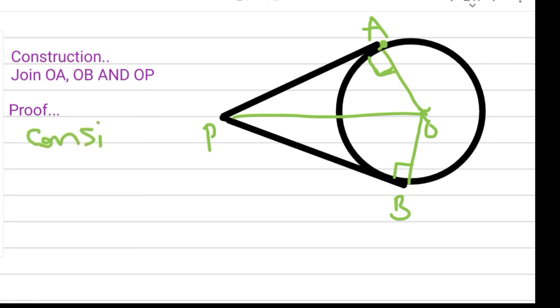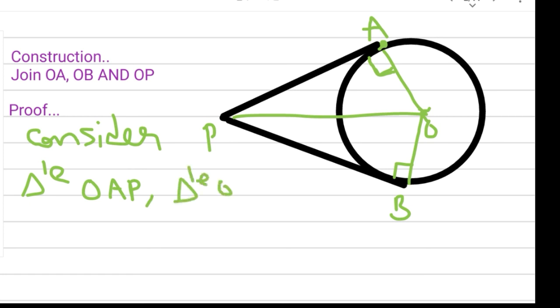Consider the triangles OAP and OBP. Okay. Now here see what will be the equal things.